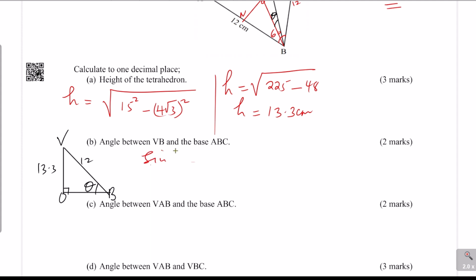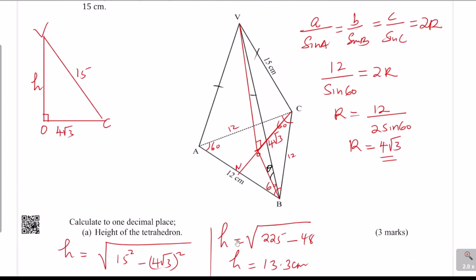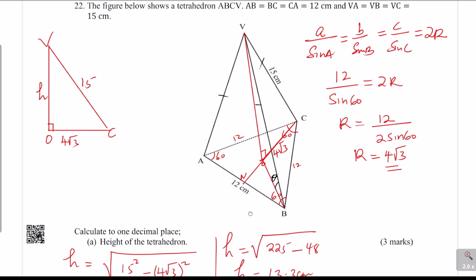So sine of theta will give 13.3 divided by the hypotenuse. The hypotenuse is 15. I'm sorry, this one should be 15. I wrote 12, but it should be 15. Just look at the diagram. VB is slant height of all these is 15.